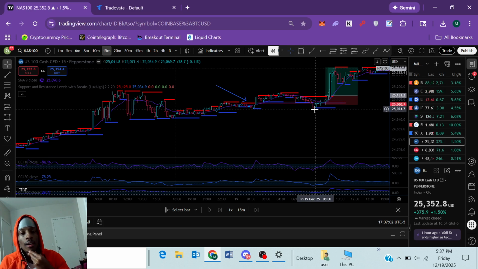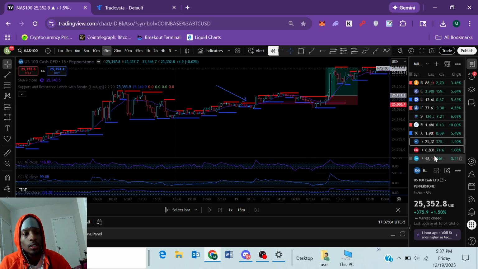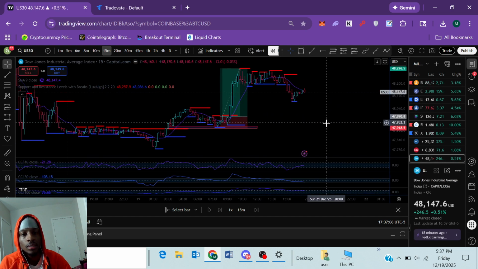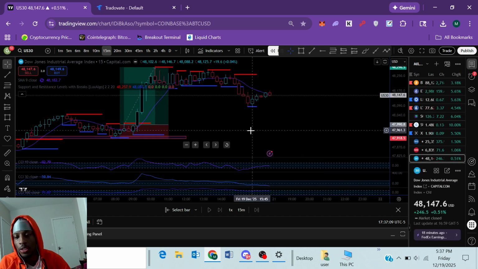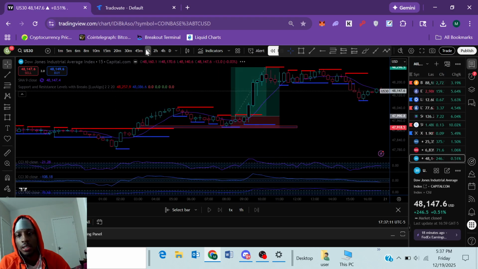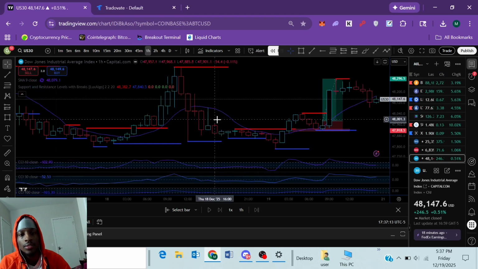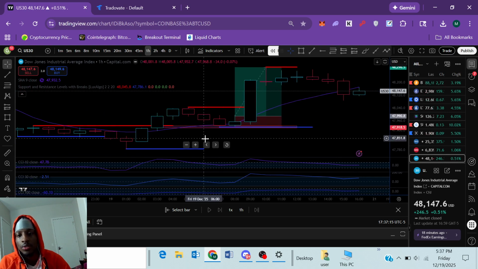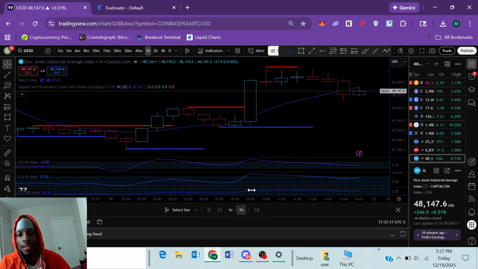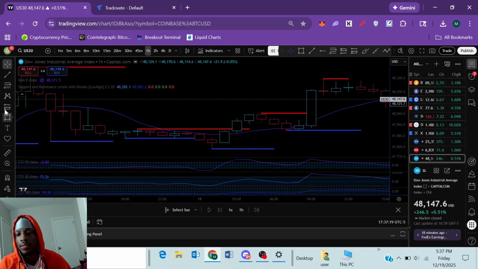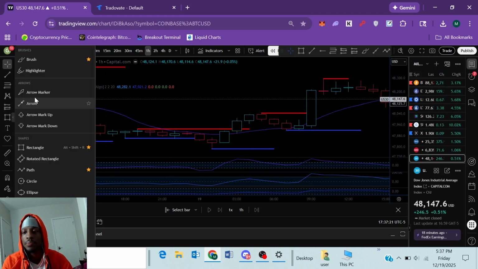But the setup that we liked this morning was here on US30. We always start off on our 1 hour time frame, in which we're looking for a break of this level, which we got.